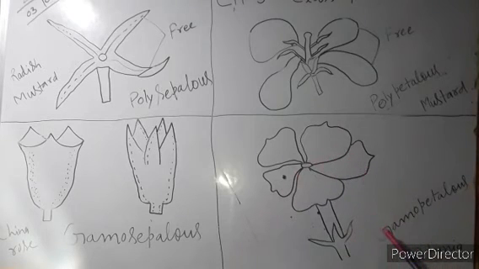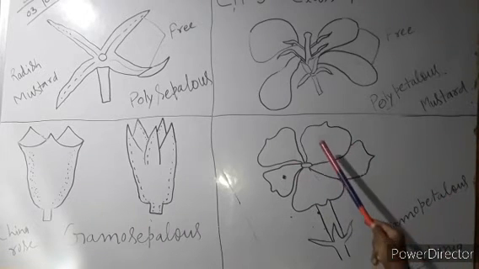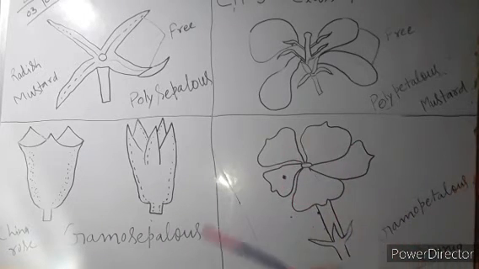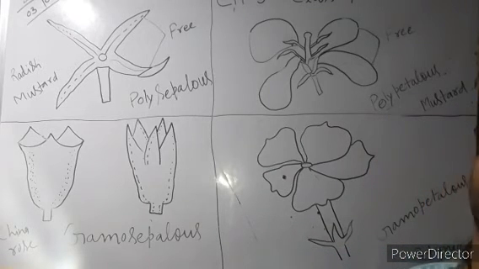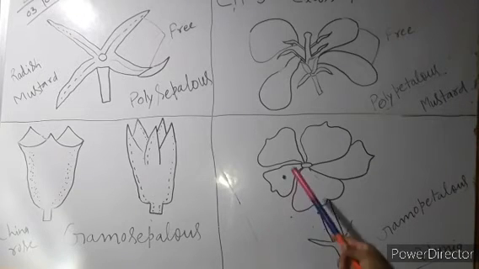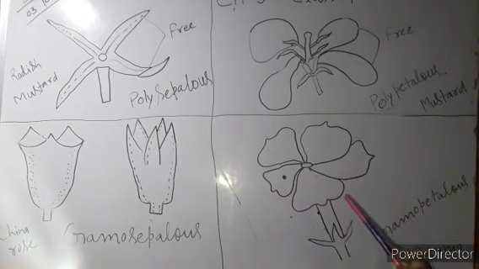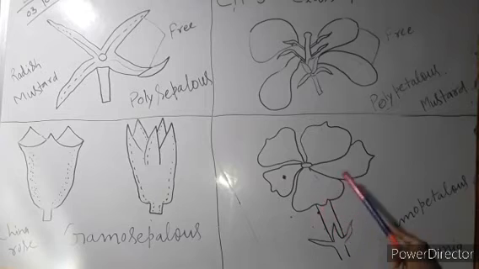Now the same here also, in some plants gamopetalous condition is there, in which all petals are fused with each other, either partially or completely. If they completely fuse, they make a cylindrical structure, and it is found in petunia.